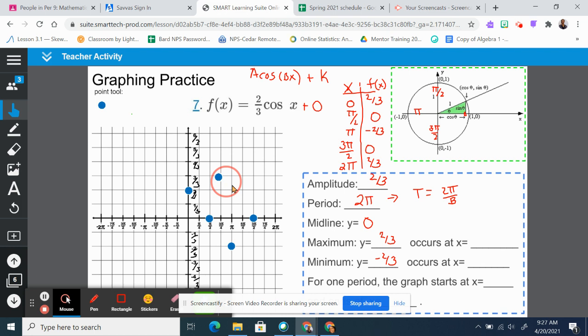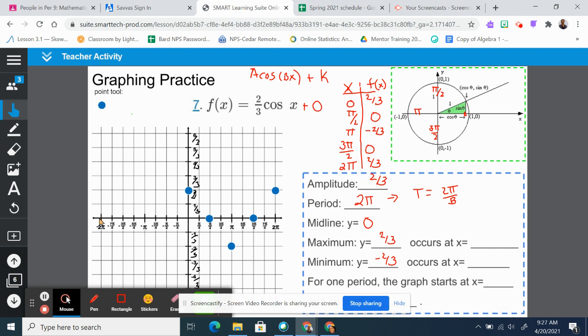And at 2 pi, I was right back to where I started, 2/3. And notice that the period is 2 pi. The period is the amount of time it takes for me to return right back to where I started. We went down and then right back up to where we started. That is the definition of period, and we can see we're repeating ourselves at 2 pi.